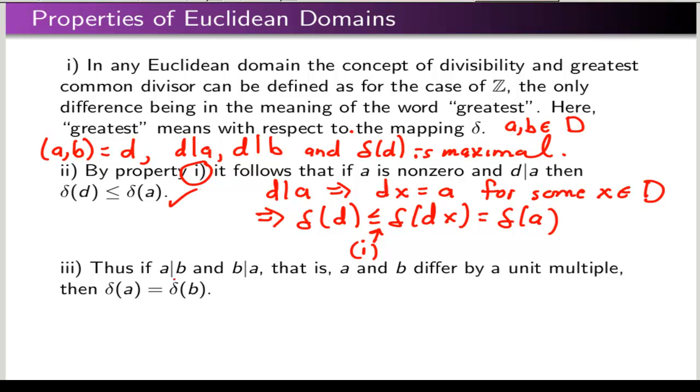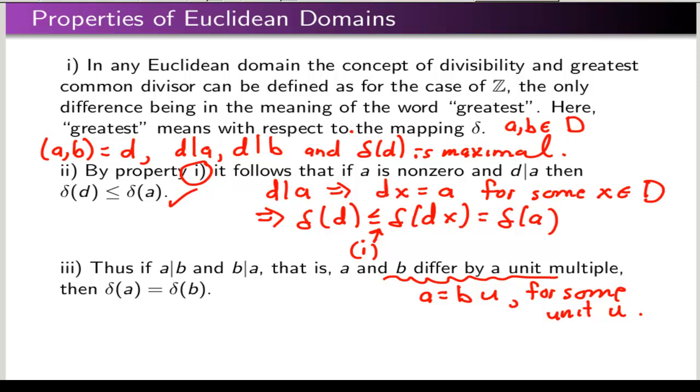Thus, if A is a divisor of B and B is a divisor of A, that is, A and B differ by a unit multiple. Okay, that word differ can be misleading. This just means A equals B times a unit U for some unit. Then the delta values of A and B are equal.